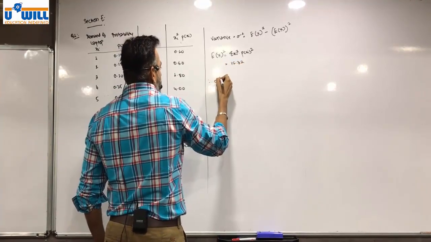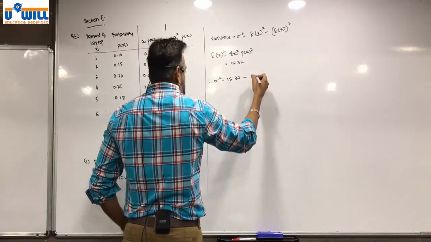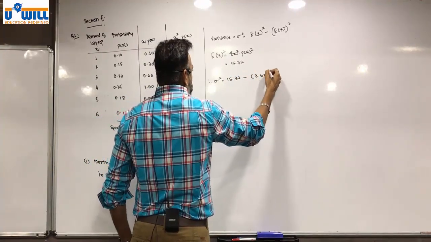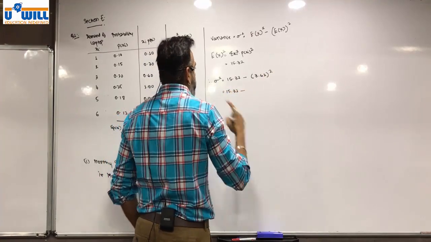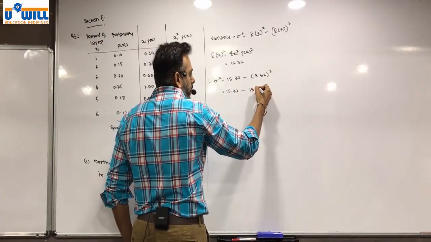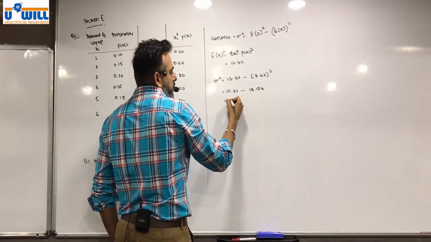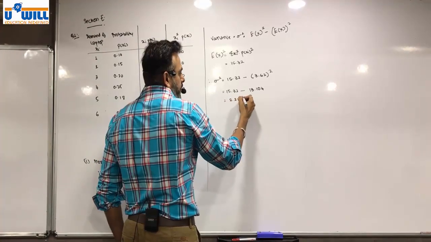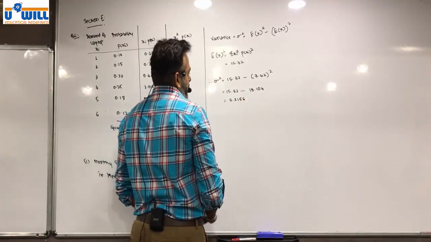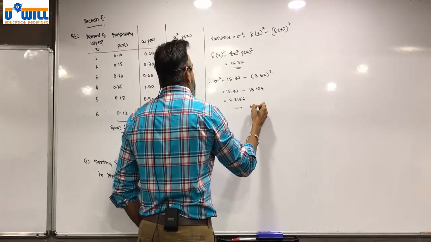Therefore, sigma square is equal to 15.32 minus 3.62 the whole square, which is 15.32 minus 13.104, is equal to 2.2156. Answer.